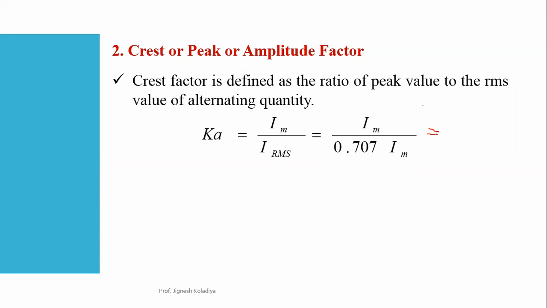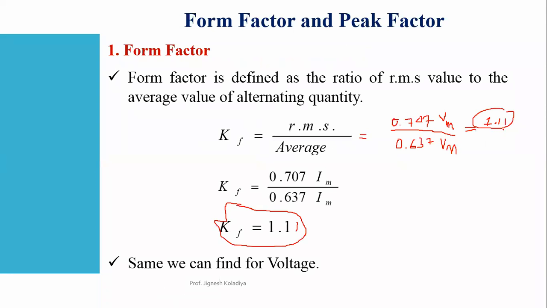So what you are getting is 1.414. This will be your peak factor value for a sinusoidal waveform. This is true only for a sinusoidal waveform. Remember this. Similarly, the 1.11 is also true for a sinusoidal waveform only.